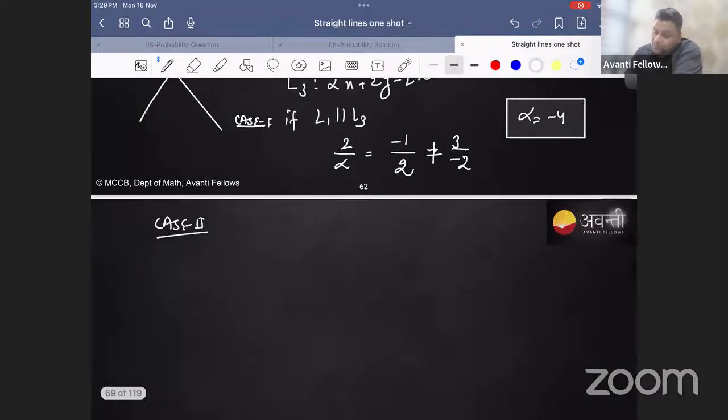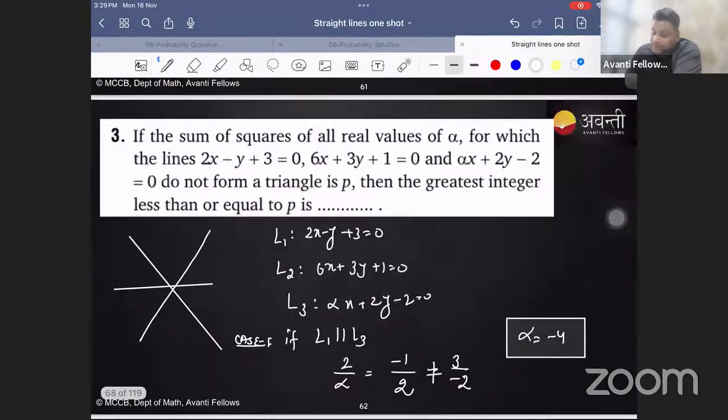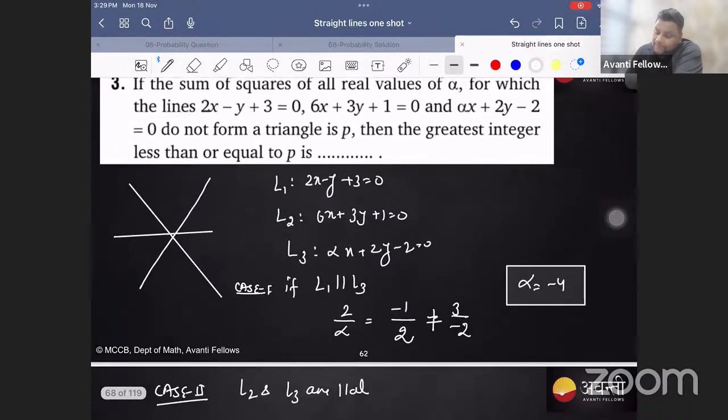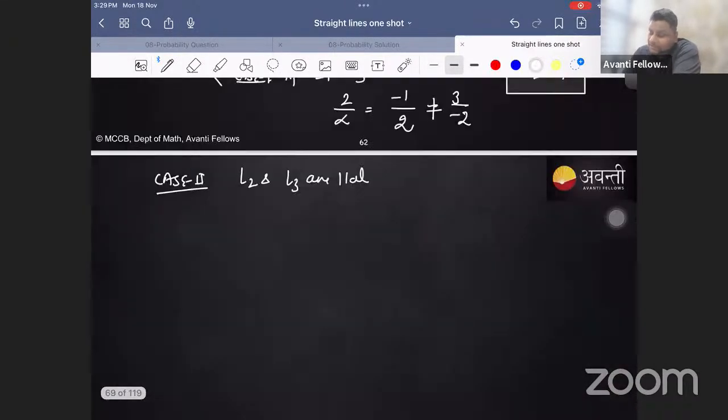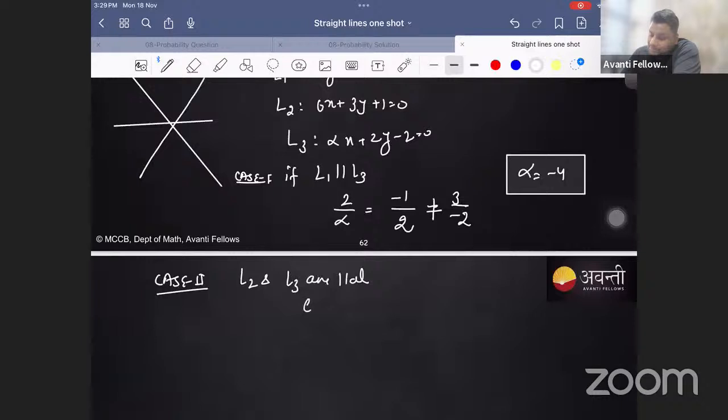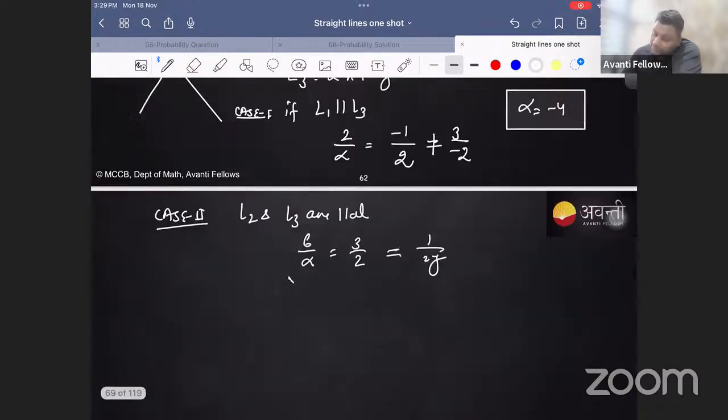If L2 and L3 are parallel, so L2 is 6x plus 3y plus 1, parallel, so 6 upon alpha equals 3 by 2. So if I take these two into consideration, that means alpha equals 4.